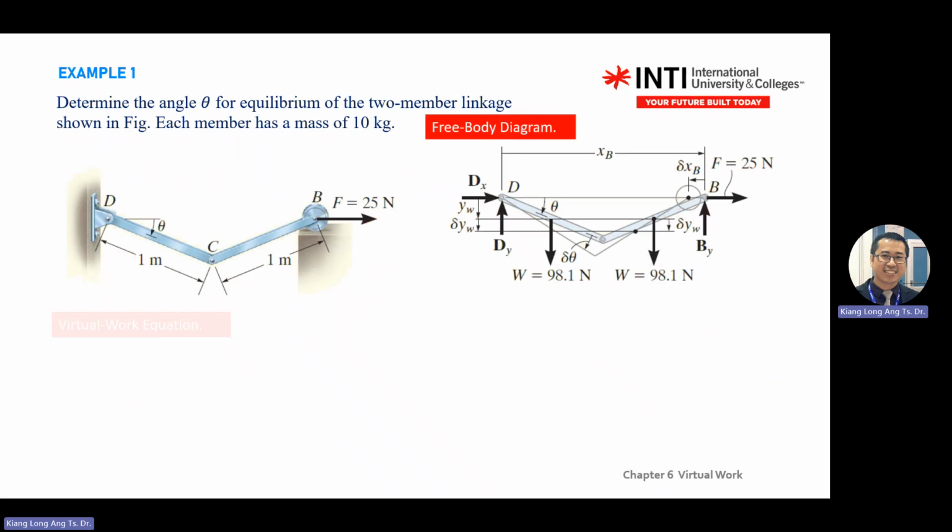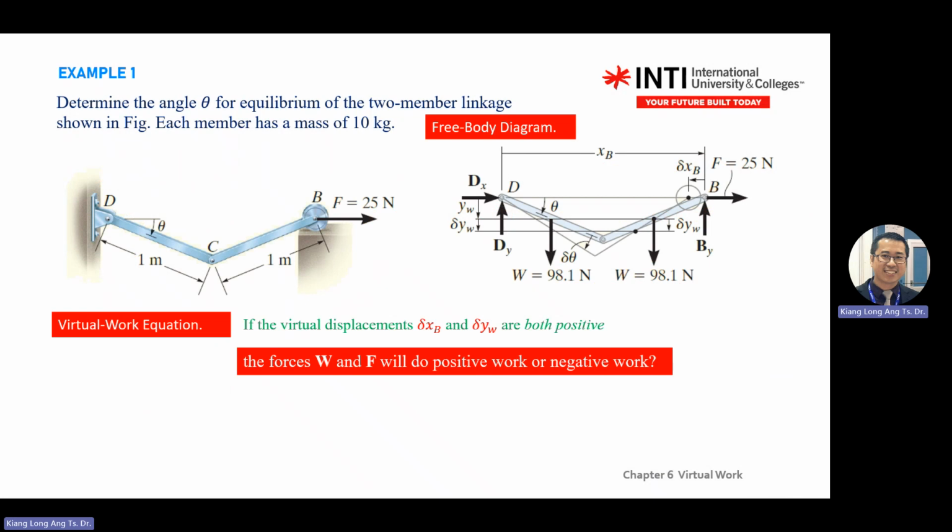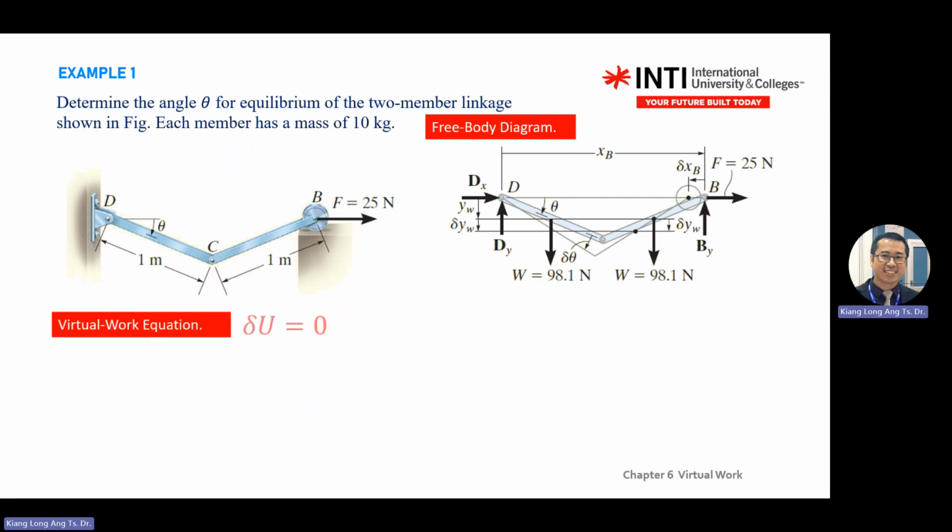Okay. So we go back to the virtual work equation. This one is just to ask you whether you understand the work done by the W and force, whether they are positive or negative. Okay. So we already explained this one. So you write the equation. W multiplied by this distance, you create work.